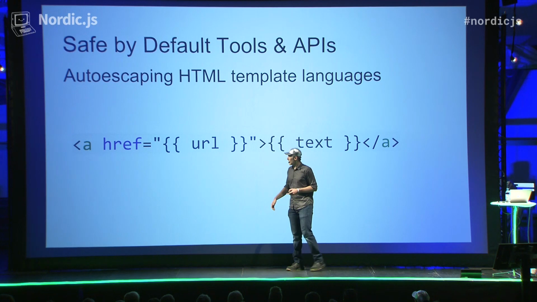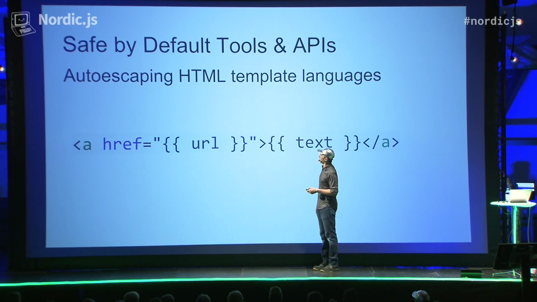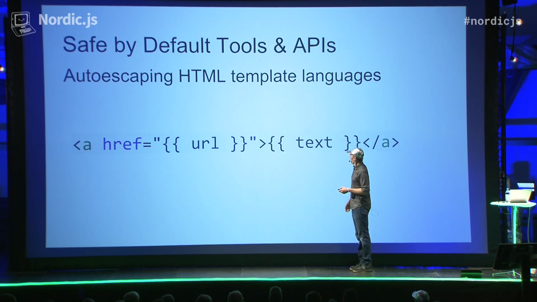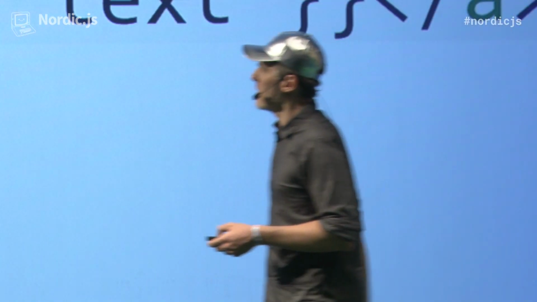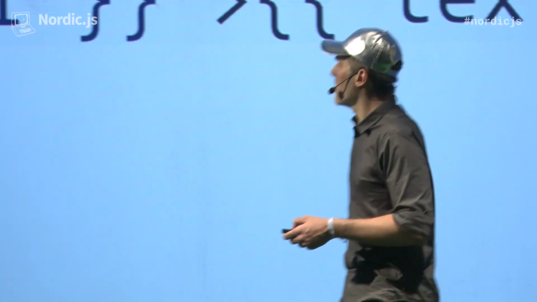So I maintain the Closure Templates templating language. It's aware of trusted HTML. So if a trusted HTML value makes it here, it's just inlined. If a trusted URL value makes it here, it's just inlined.